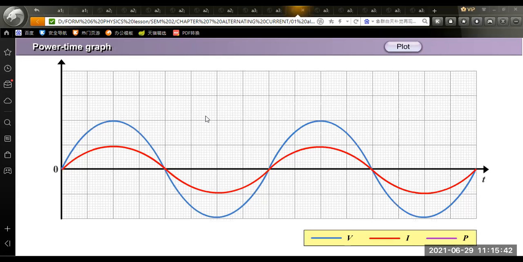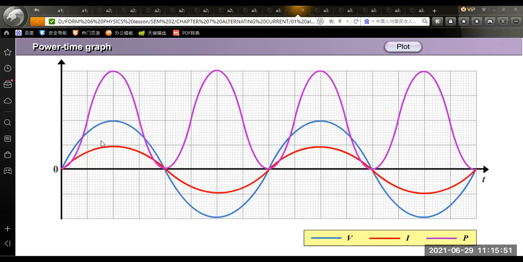Ladies and gentlemen, please observe how the power looks. The power would be like that. You see, I positive, V positive, positive. I negative, V negative, it becomes positive. So the graph for power always shows that it's positive.